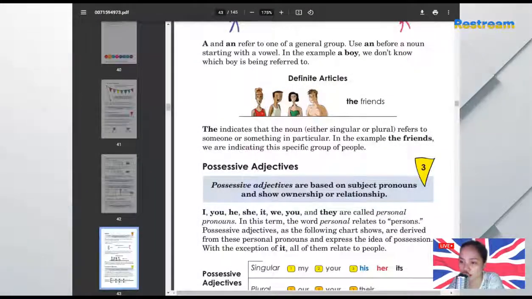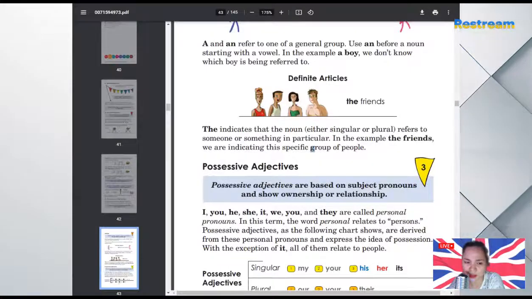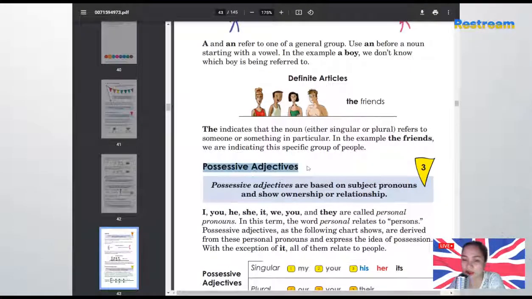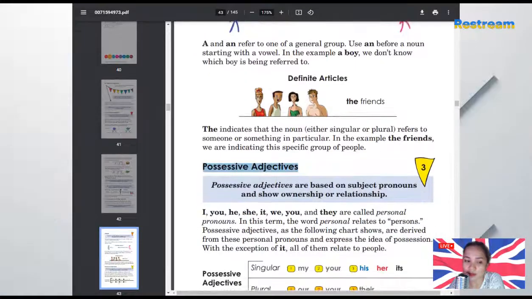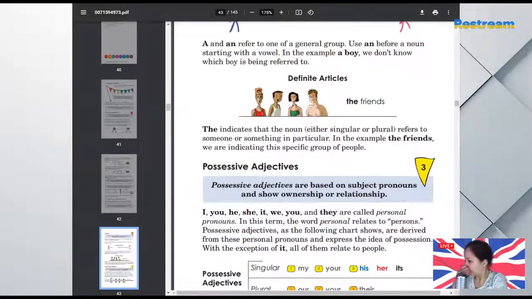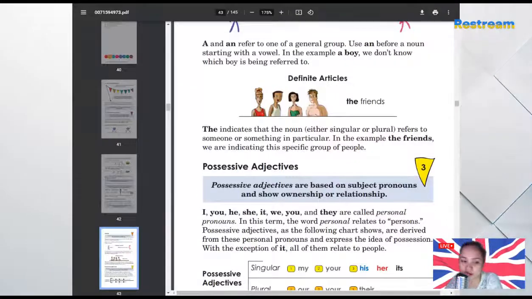Okay, anyways, so continuation. Now we are in the possessive adjective. We just had the recap for the articles, the indefinite, a and an, and the definite, which is the. Possessive adjectives are based on subject pronouns and show ownership or relationship.